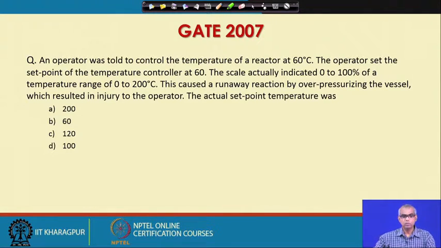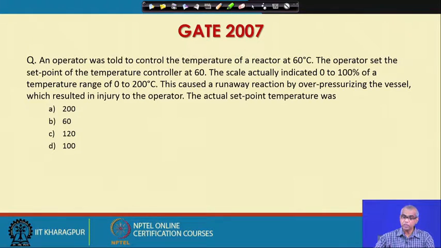Let us move on to GATE 2007. An operator was told to control the temperature of a reactor at 60 degrees Celsius. The operator set the set point of the temperature controller at 60.